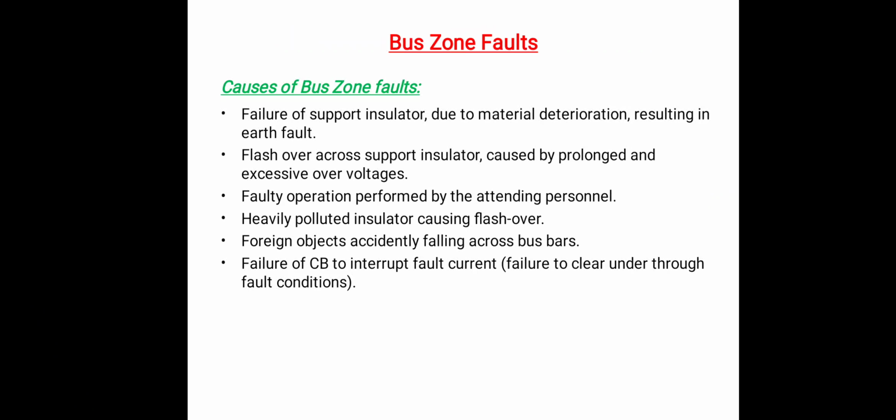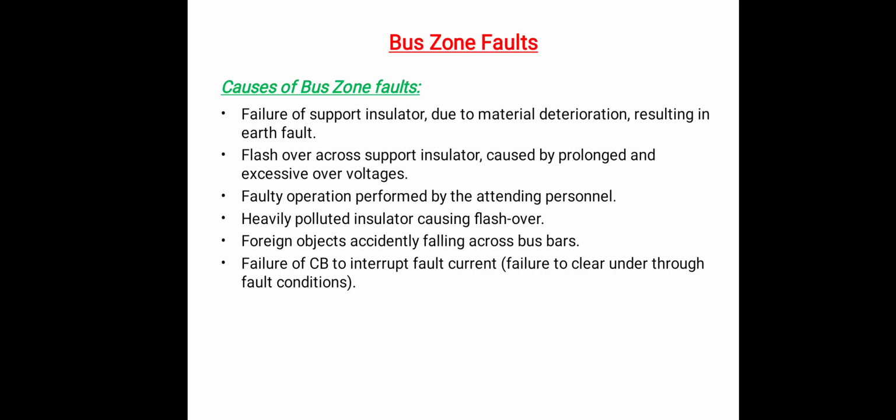Now the next topic is what are the basic causes for bus zone faults. According to statistical information, the majority of the faults are basically single phase in nature and temporary in character.